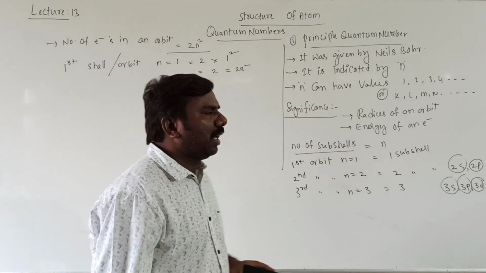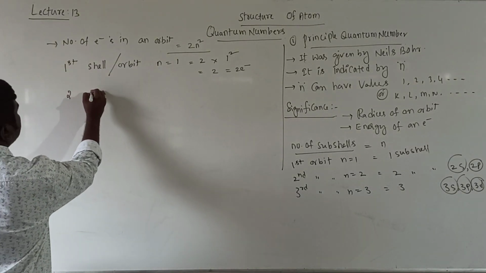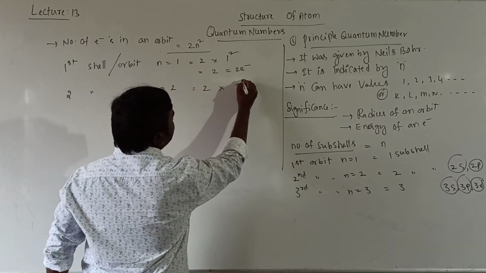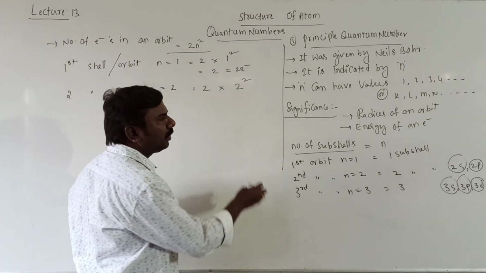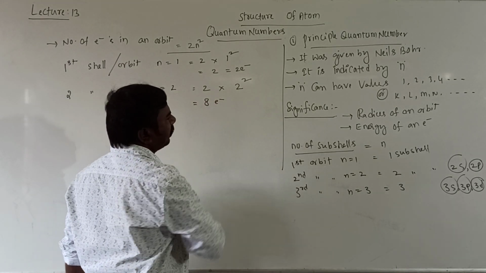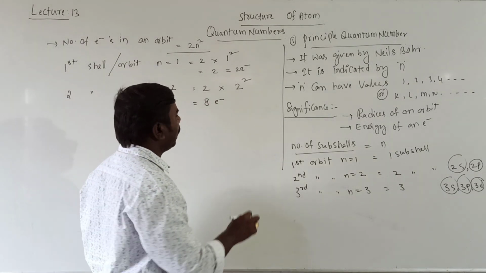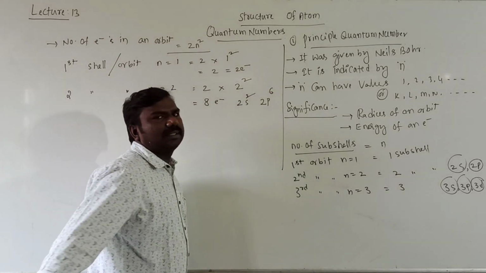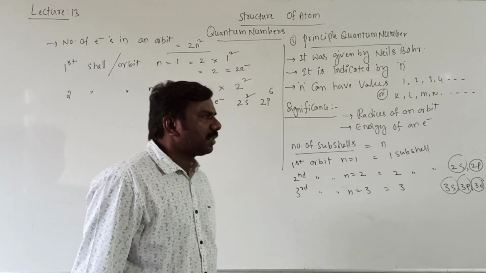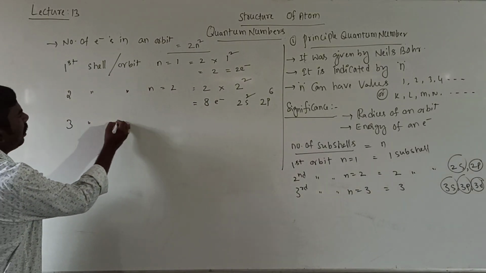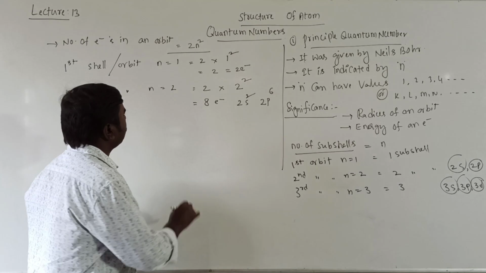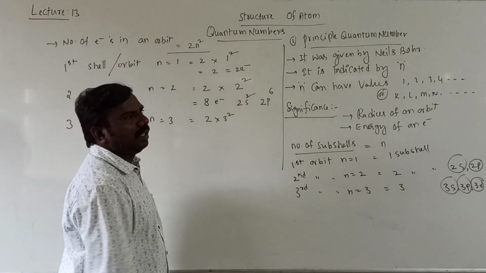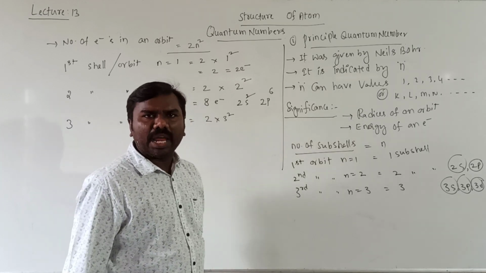Only the first shell contains 1s2, maximum 2 electrons. If it is second, n equal to 2, that is 2 into 2 square, 2 into 4, 8 electrons. That means the second shell contains 2s2, 2p6, totally 8 electrons. If you consider the third main shell, n equal to 3, that is 2 into 3 square, 3 threes are 9, 9 twos are 18.